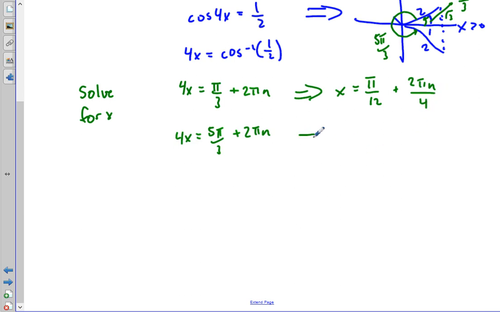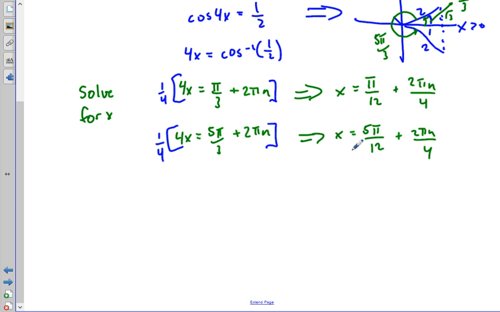Then right here, divide by 4, we have 5 pi over 12, and then this is going to be 2 pi n over 4. Once again, solving for x, we multiply both sides by 1/4, distribute through, and we get 12, and then 2 pi over 4.